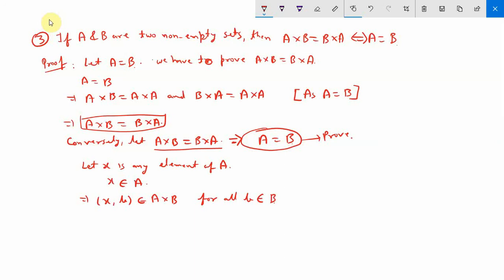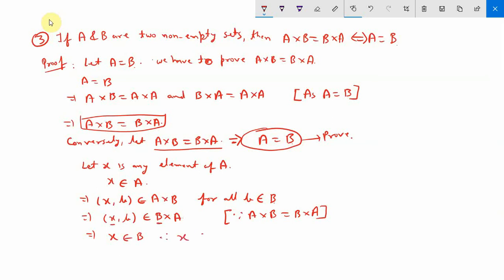Because A into B equal to B into A. So this can be written as XB is an element of B into A, since A into B is equal to B into A. We are using this relation here. So this can be written as X is an element of B, because in this ordered pair the first element is from the first set. So this gives X is an element of B.